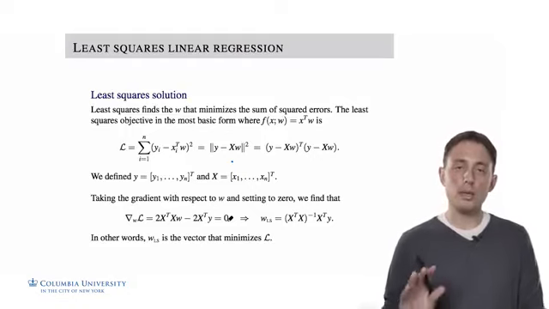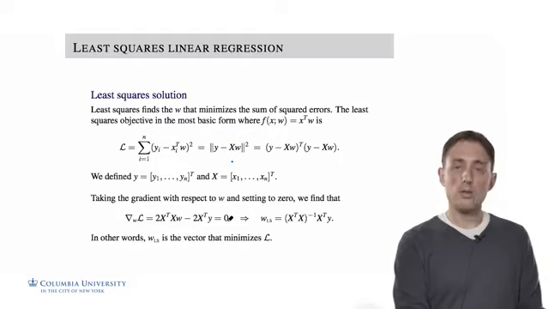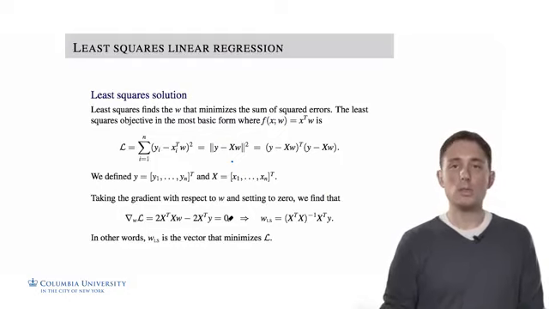So we find the point w at which this function is minimized. Another way of saying this is find the vector w at which the gradient of this function is equal to 0. We solve and we get the least squares solution, which is equal to this.